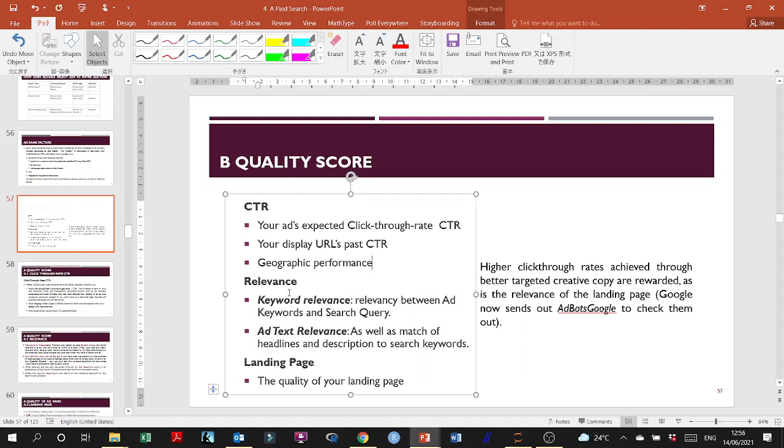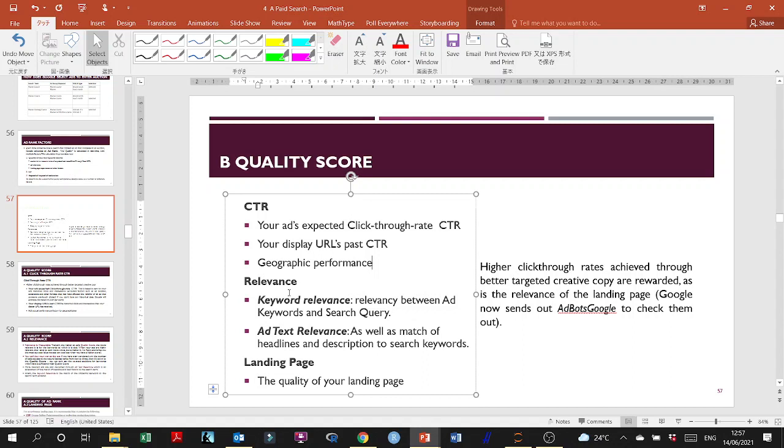Then we're talking about the relevance, and I always tell my students that the relevance is like a triangle to me. On top of the triangle is the search term that the user uses to search for a certain item or a certain subject, and then this search term triggers your keywords used in your ad groups.